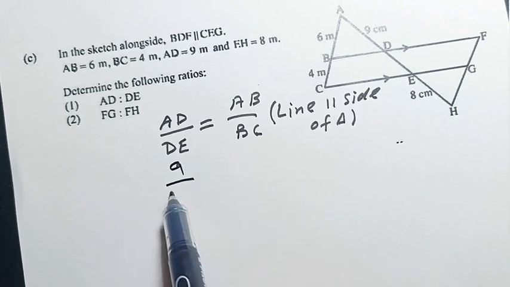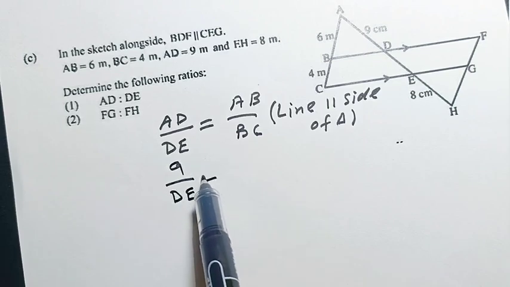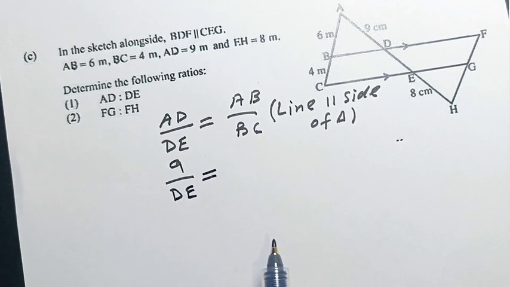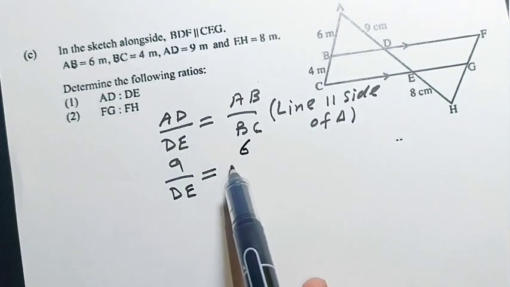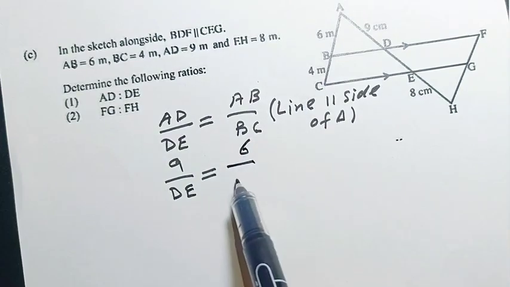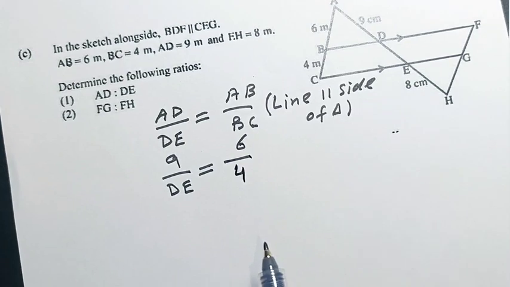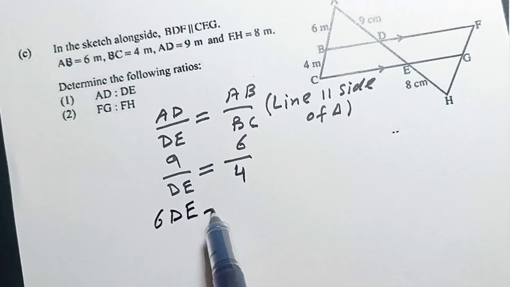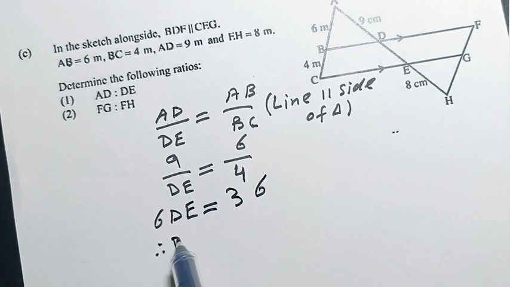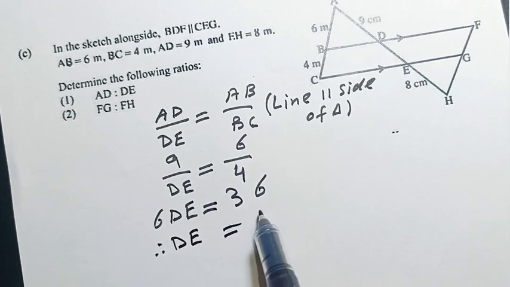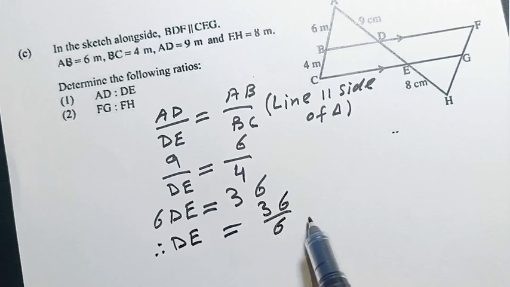Now AD we have 9, over DE we don't know, is equal to AB we have 6 and BC we have 4. Now we cross multiply, this becomes 6DE is equal to 36. Therefore DE is going to be 36 divided by 6, which is 6.